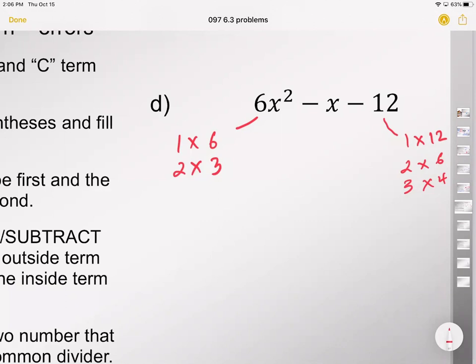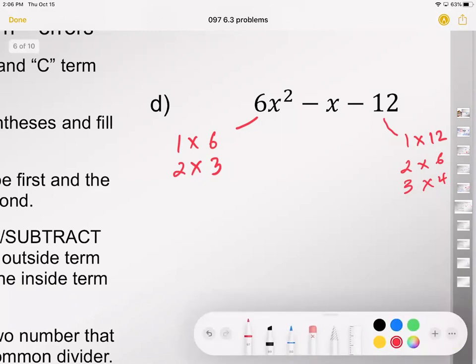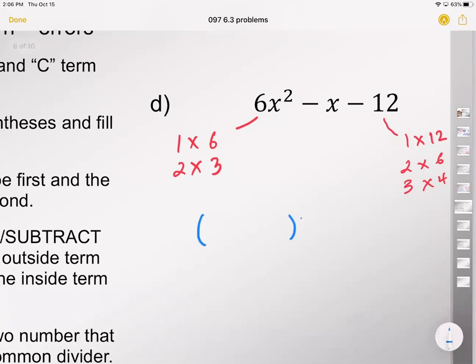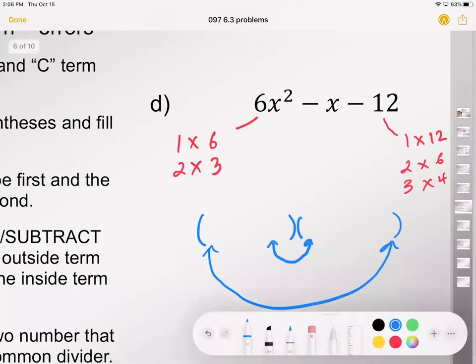And if you remember, what we need to do is create 2 parentheses, and take the inside number times the inside number, and the outside number times the outside number. Let's use this as my red ink as the first item.